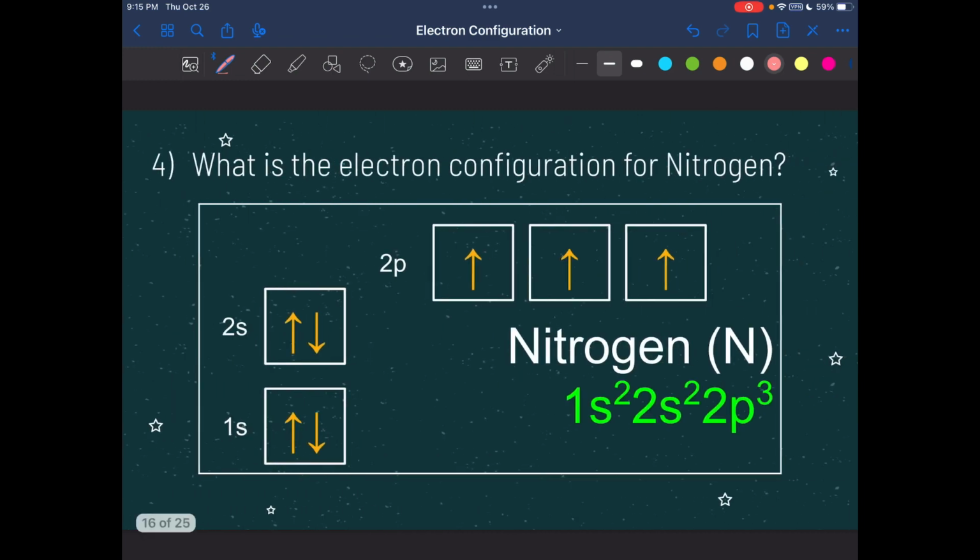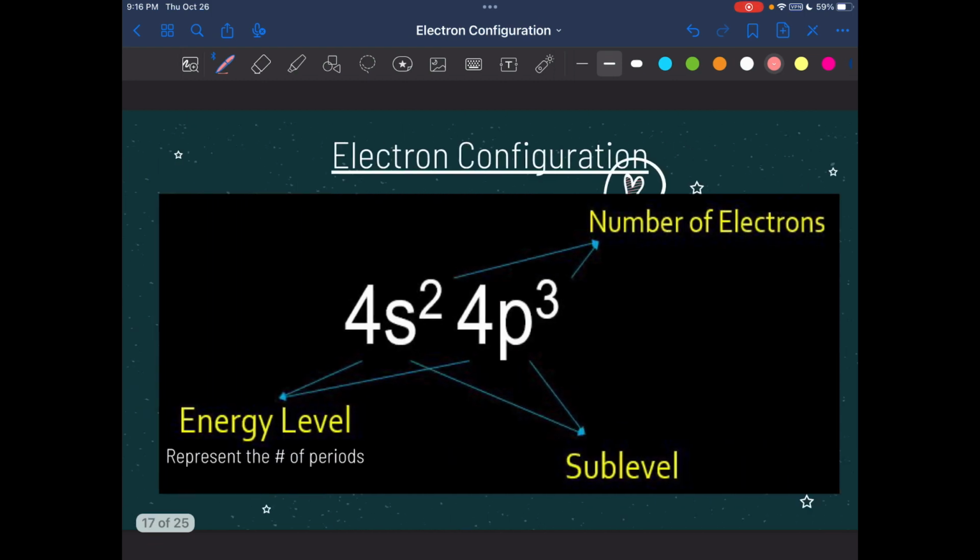So that's why the answer is 1s2, 2s2, 2p3. If you guys are still confused, make sure you rewind and check the previous slides to make sure you understand each section. Without further ado, let's go over this one.